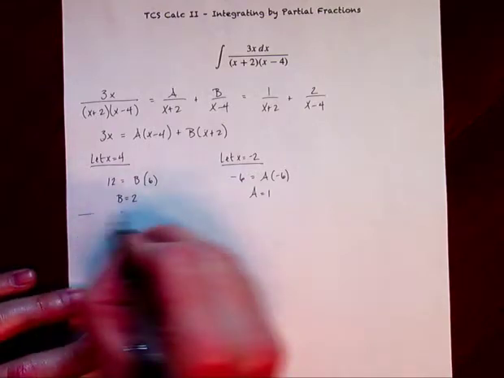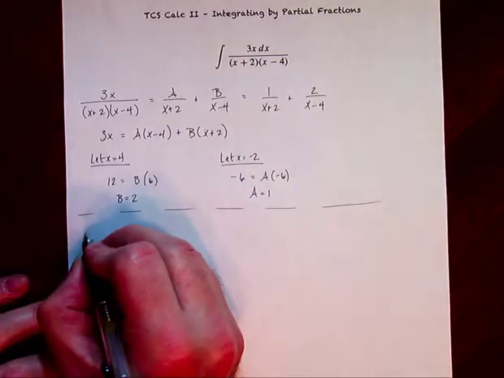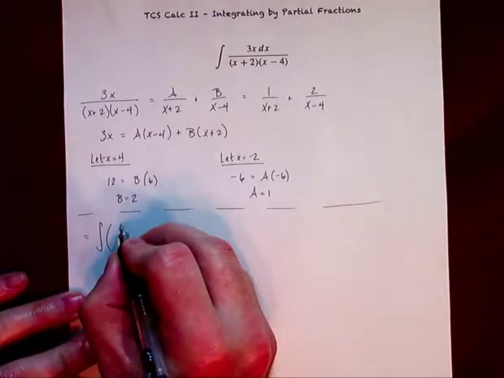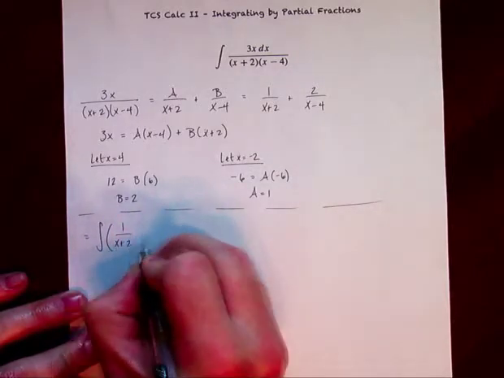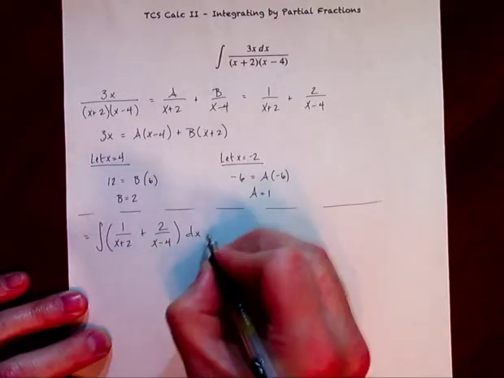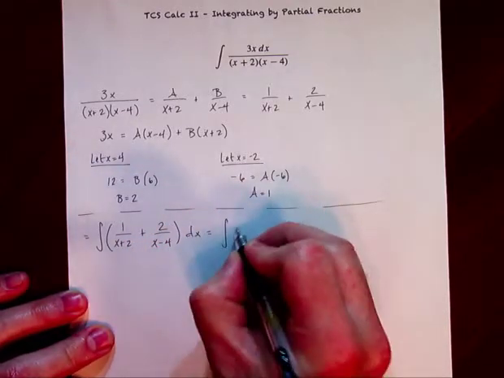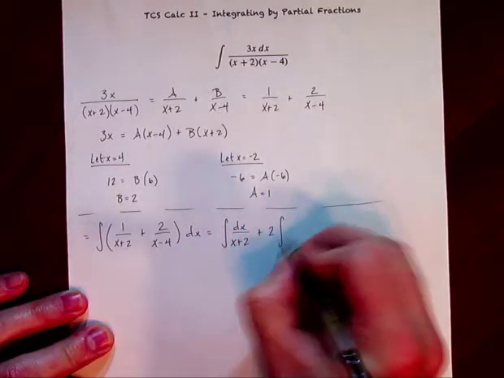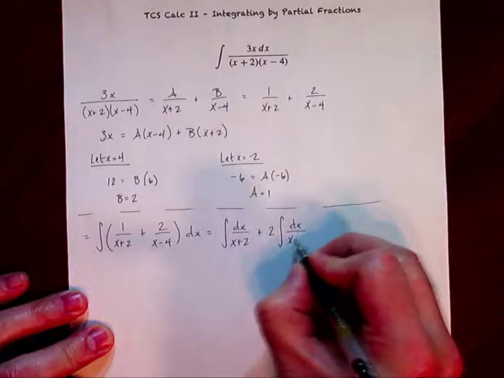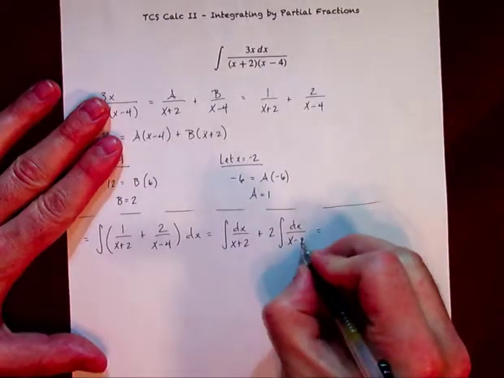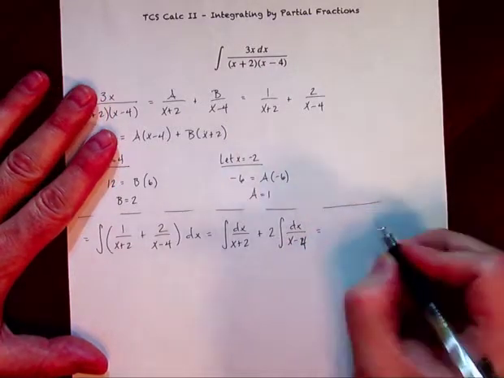Now that I have it like this, I recognize that the original integral can be rewritten simply as 1 over x plus 2 plus 2 over x minus 4 dx. And you don't have to, but just like we did in the last one, if you wanted to rewrite it such that you could actually see the independent integrals, then basically you would do this.